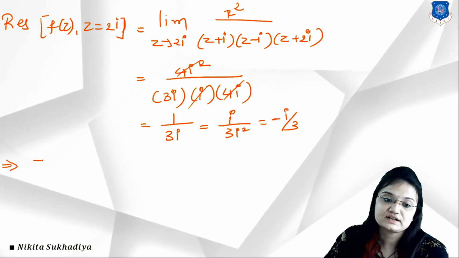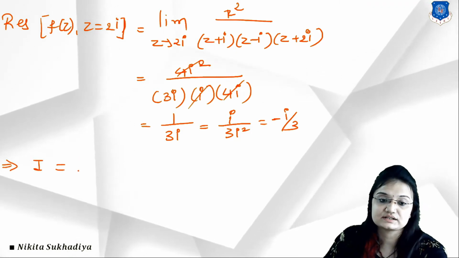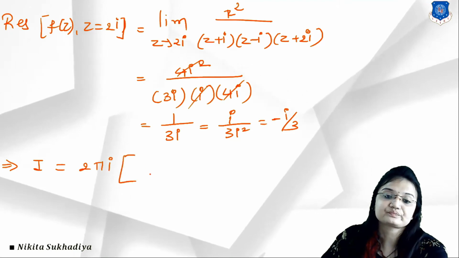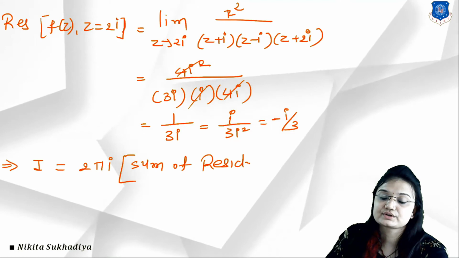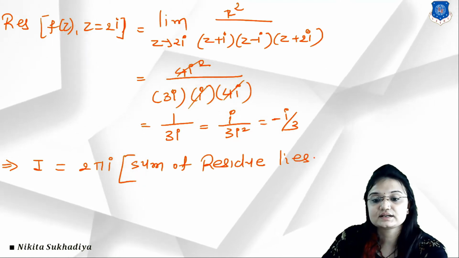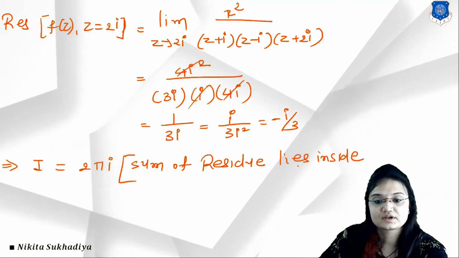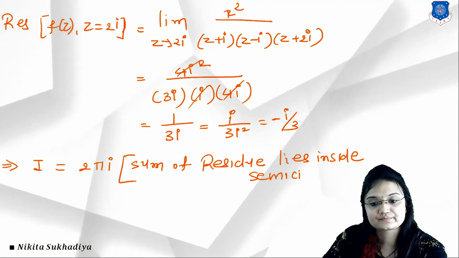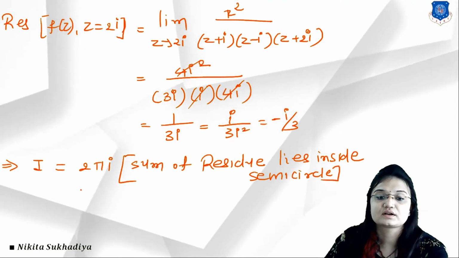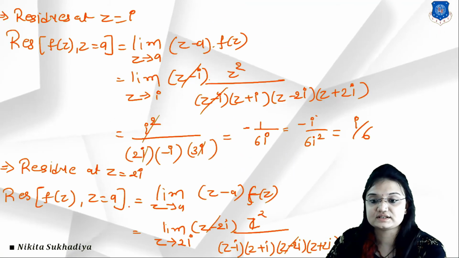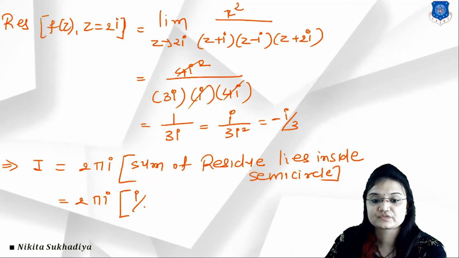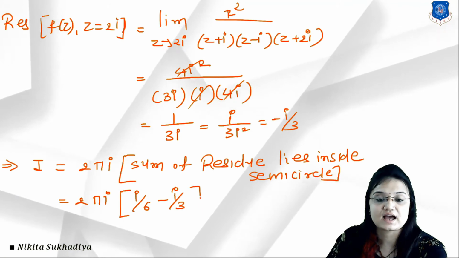Okay, so our final integration of I, that is 2 pi i into sum of residues lying inside the semicircle. Okay, and that is 2 pi i into, first one is i by 6 and second is minus i by 3.